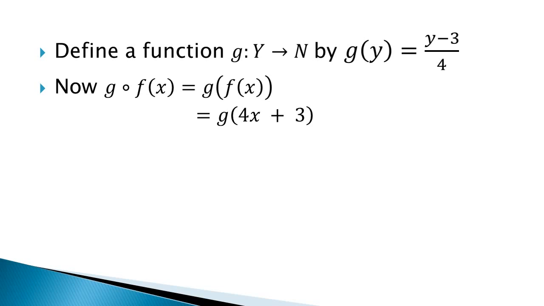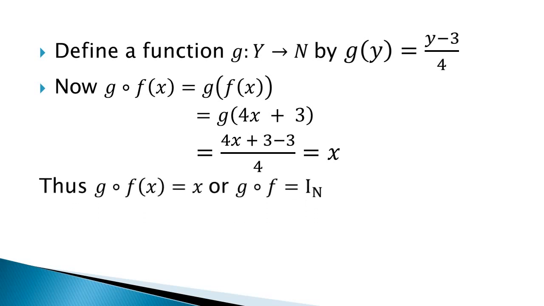Now 4x plus 3 is within the function z, and the definition of z is there above: z of y is equal to y minus 3 by 4. That means z of 4x plus 3 must be equal to 4x plus 3 minus 3 divided by 4, and upon calculation it gives us x.